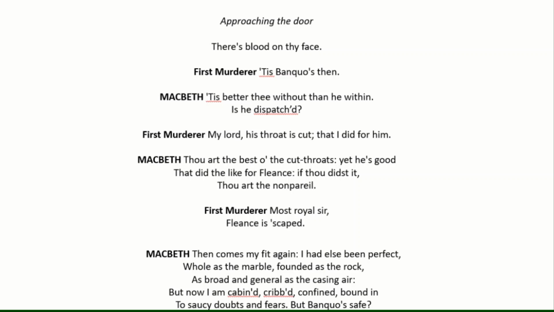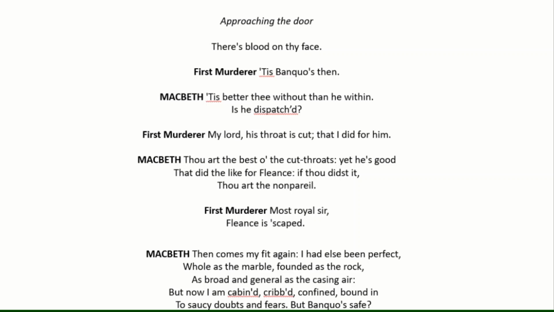The murderer says that he has cut his throat. Macbeth says, "You are the best at cutting throats, but whoever did the same to Fleance is also good. And if you cut both their throats, then you are the absolute best. No one can compare."